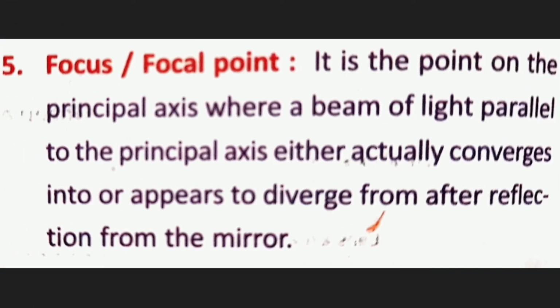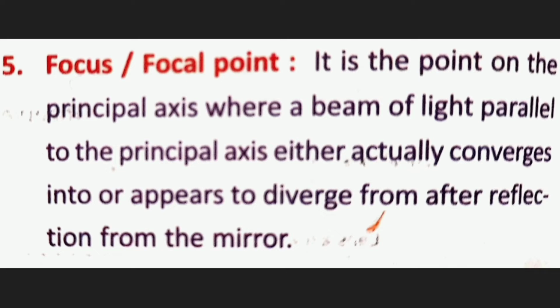Now let us just see the exact definition of the focus or the focal point. It is a point on the principal axis where a beam of light parallel to the principal axis either actually converges into a point called the focus or appears to diverge from it after reflection from the mirror.